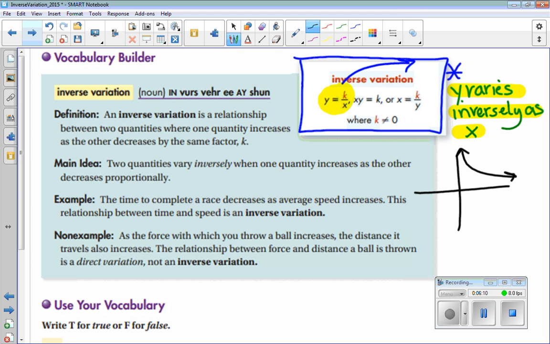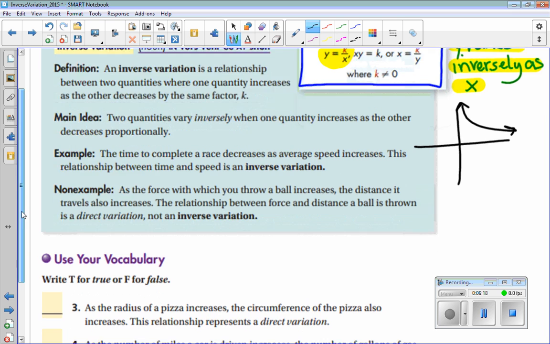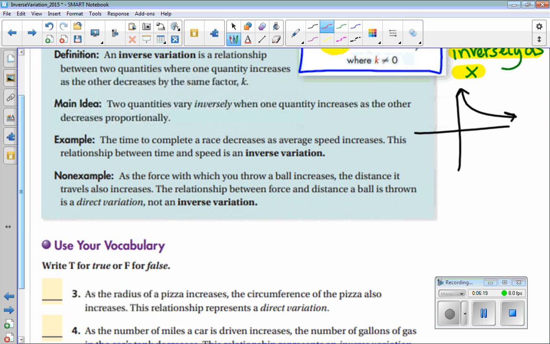Let's try to plug in a graph for a second. Let's go ahead and get your calculators out, and let's graph a couple of these inverse variations. Let me give you a couple to try. Y equals 2 divided by x. What does the shape of an inverse variation graph look like? So go ahead and plug it in. 2 divided by x.